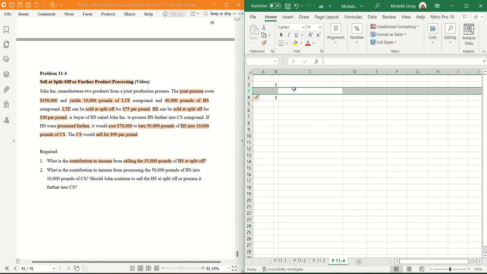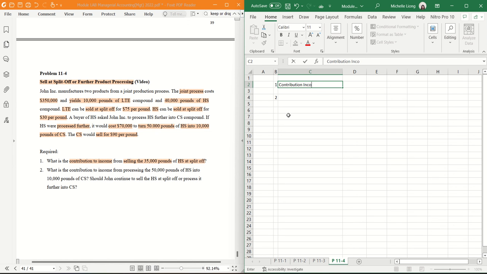So in order to find the contribution income, it's as easy as contribution income at split, selling at split.